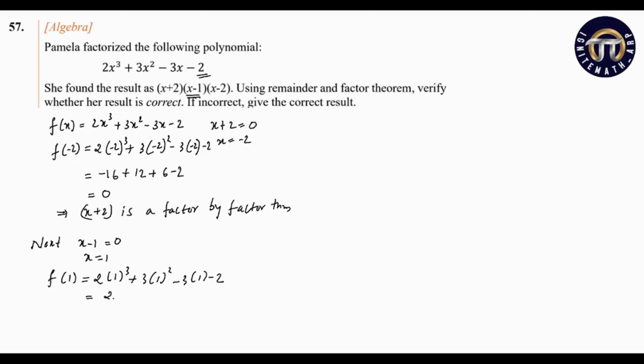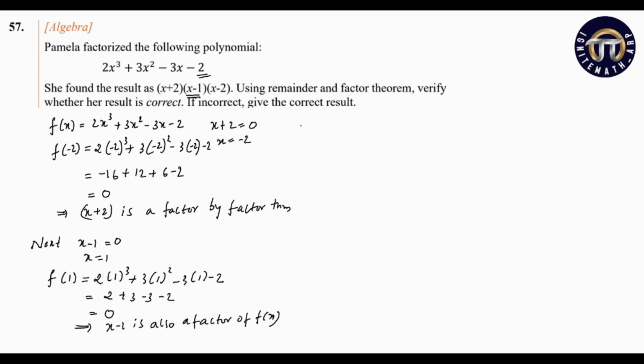That is nothing but 2 plus 3 minus 3 minus 2, which is equal to 0. So what is my conclusion? x minus 1 is also a factor of f of x.